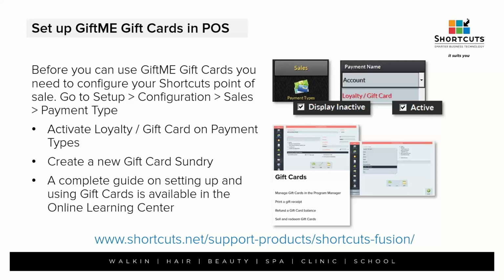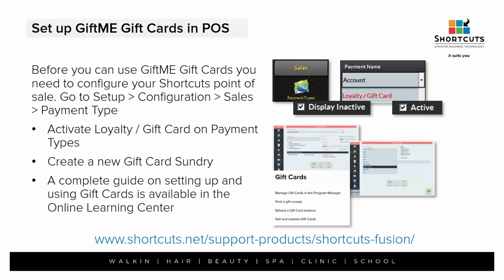And you're going to tell Shortcuts, display my inactive payment types. And one of your options is actually loyalty/gift card. You'll choose that and you'll make it active. Once you have that, you're going to go to your gift cards under gift certificates, and you're going to create a new gift card type.